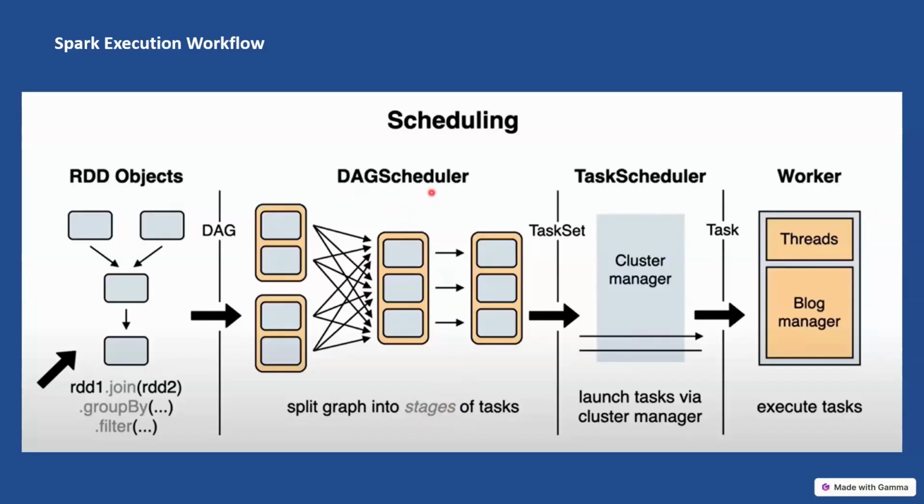Now, once your tasks are created, someone has to execute them. It's your executor that executes them, but by default the executor doesn't know which task to pick. So the task scheduler, which is the cluster manager in our case, also called the resource manager, knows which task needs to execute at which location. This cluster manager or resource manager passes the task to the respective executor.